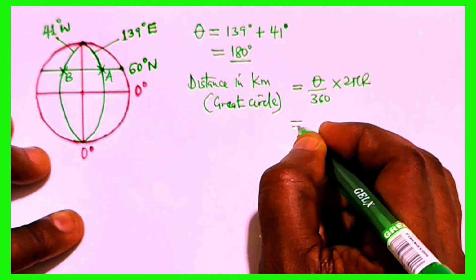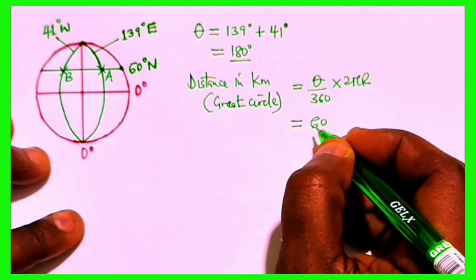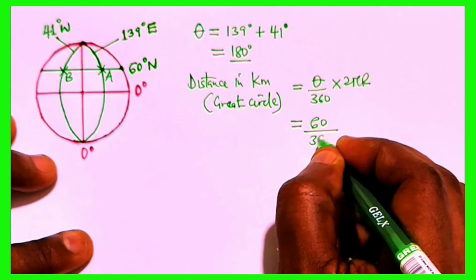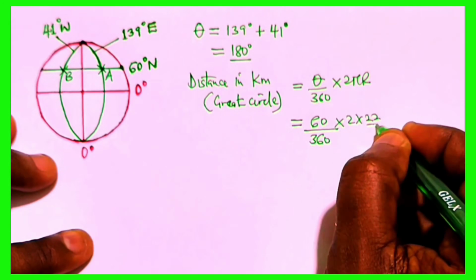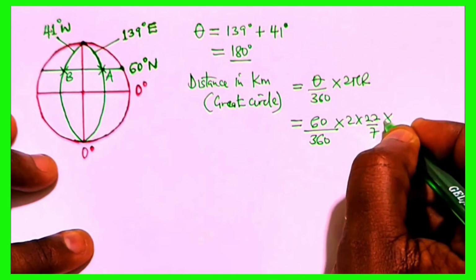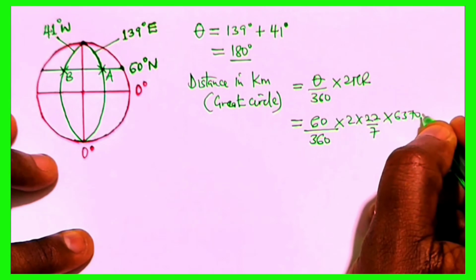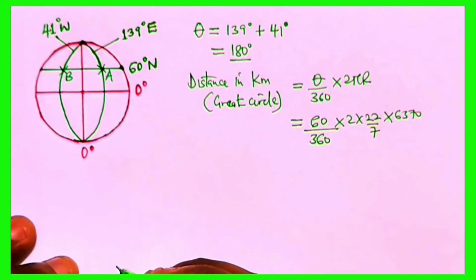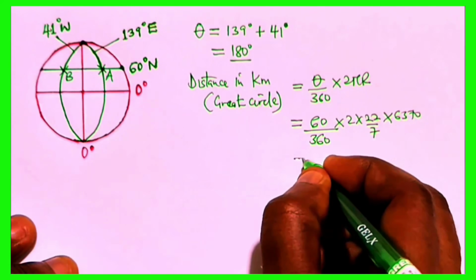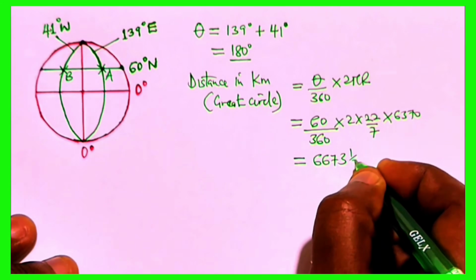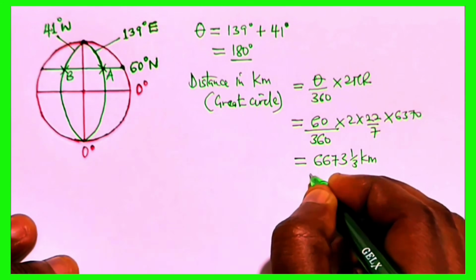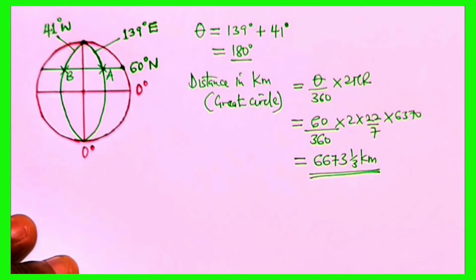And we've said the value of theta is equal to 60 degrees now, and then divided by 360, and then we multiply by 2 times 22 over 7, and then times 6370, the radius of the Earth. And therefore, this will lead us to getting 6,673 and a third kilometers. And this is the solution.